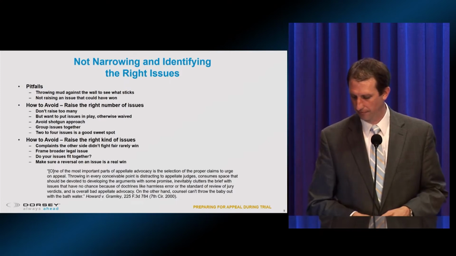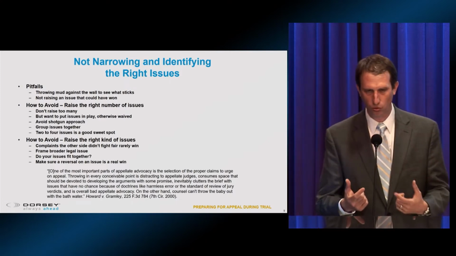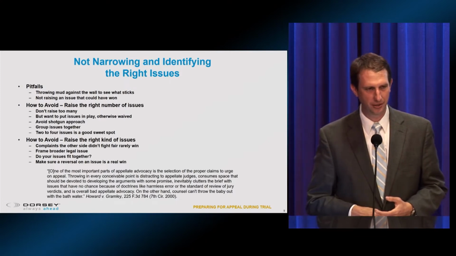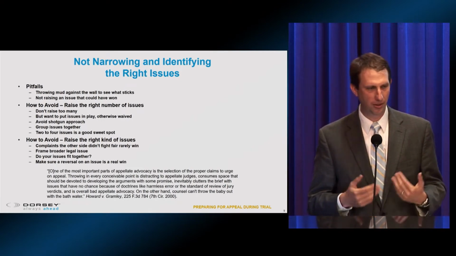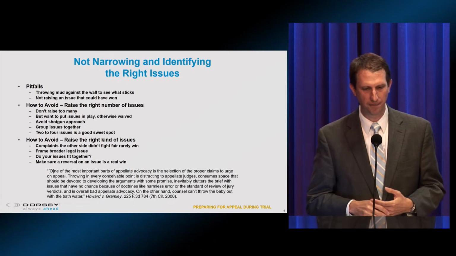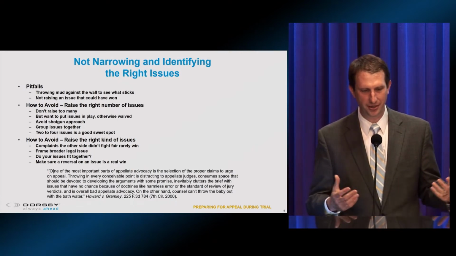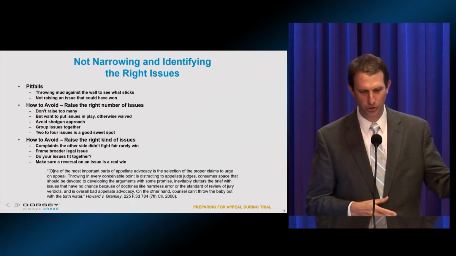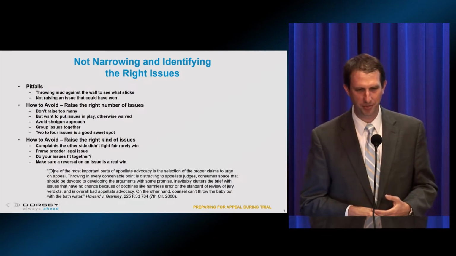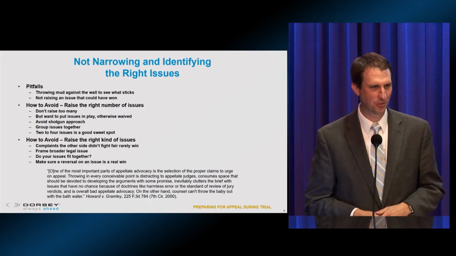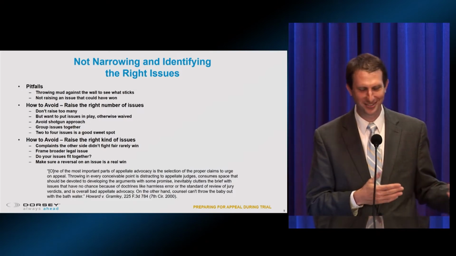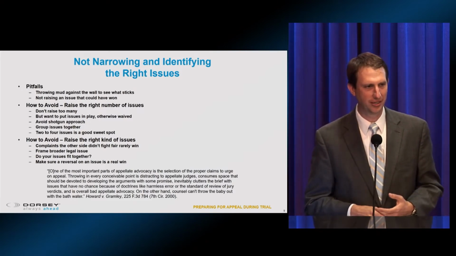And sometimes you want to group issues together so they tie in with a common theme. I was involved in a case where the main theme was that the jury awarded a substantial verdict because the case had gone sideways because plaintiff's counsel was trying to pull one over the judge, pull one over the jury.